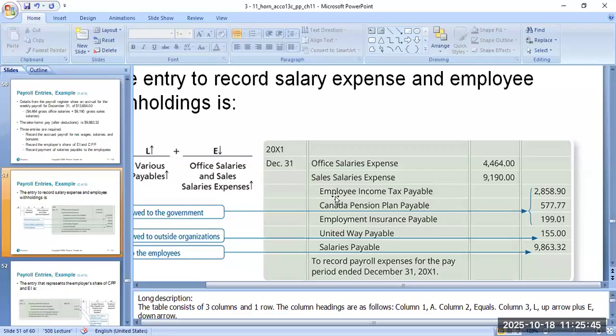Then we have employee income tax payable, deduction. This is a liability to the company. Canada Pension Plan payable, employment insurance payable, United Way payable, that's a charitable donation most likely, salaries payable. All these things are liabilities for the company. This is the actual expense for the company.